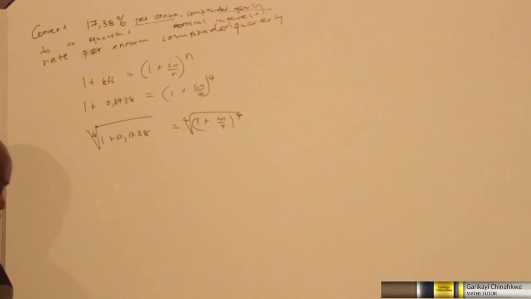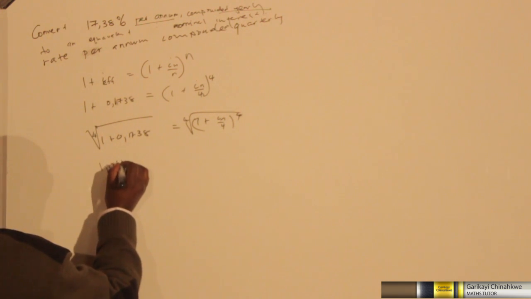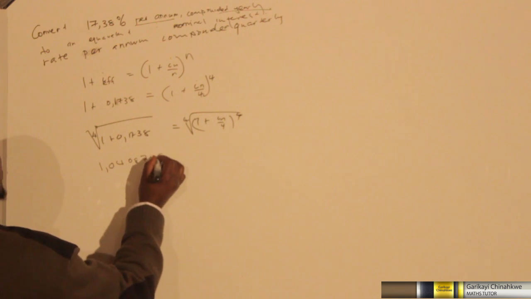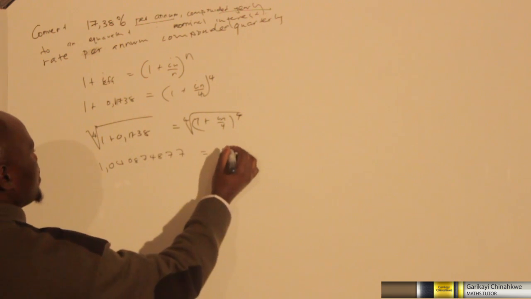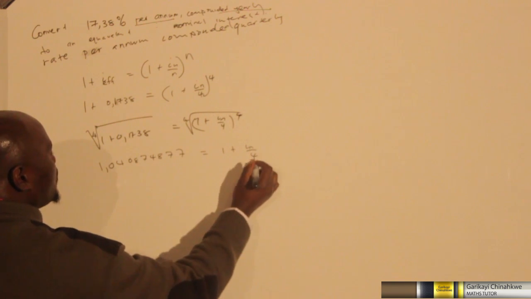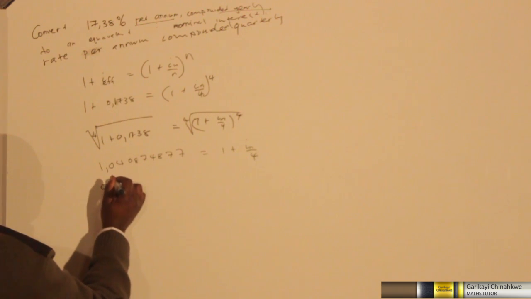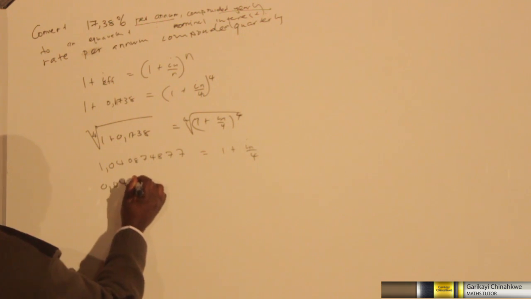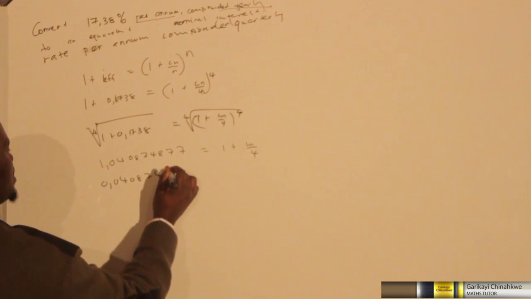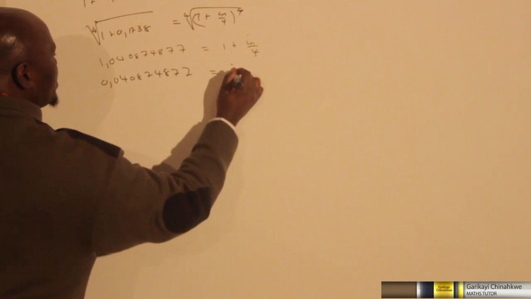Then you're going to get 1.040874877 is equal to 1 plus i n over 4. Transpose the 1, and you get 0.040874877 is equal to i n over 4.